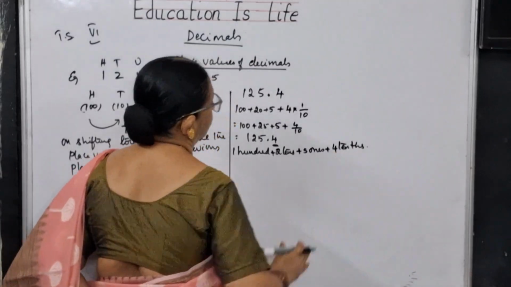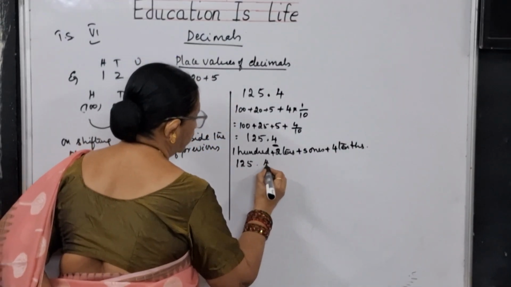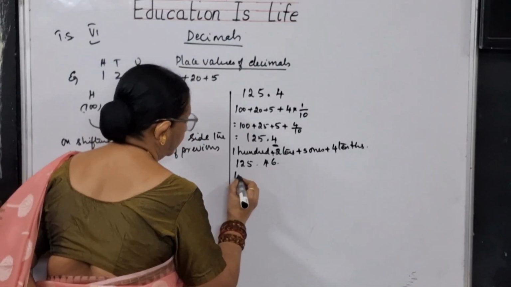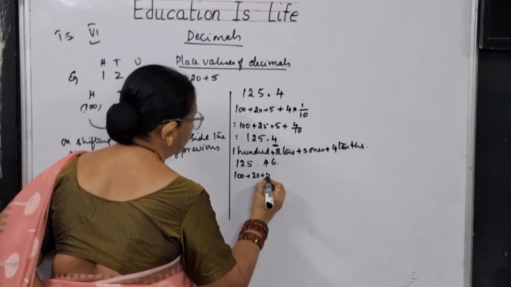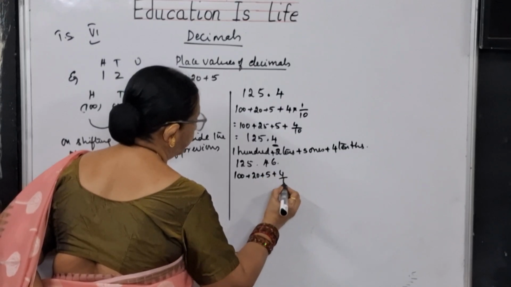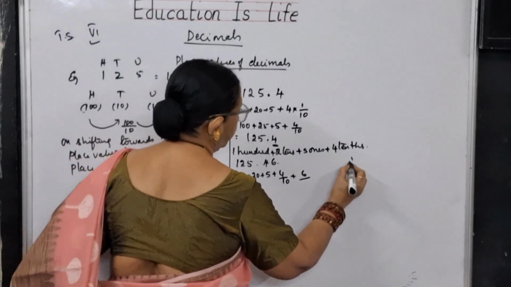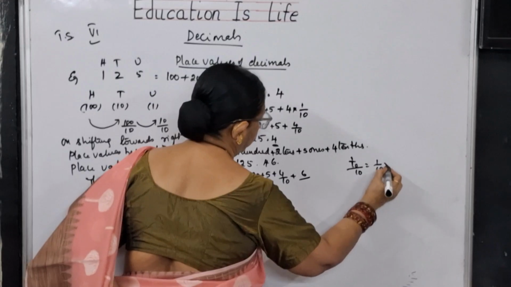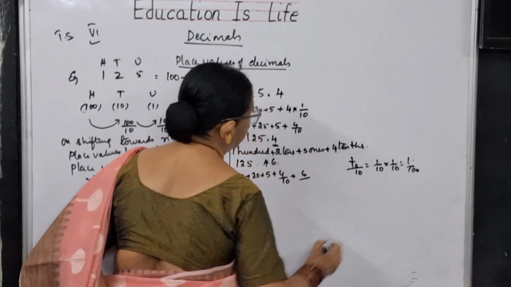This is how you have to write. Suppose you have got the same number with 4, 6. What will you be getting? 100 plus 20 plus 5 plus 4 by 10 plus 6 by 1 by 10 by 10. That means 1 by 10 into 1 by 10, that is 1 by 100 you will be getting.